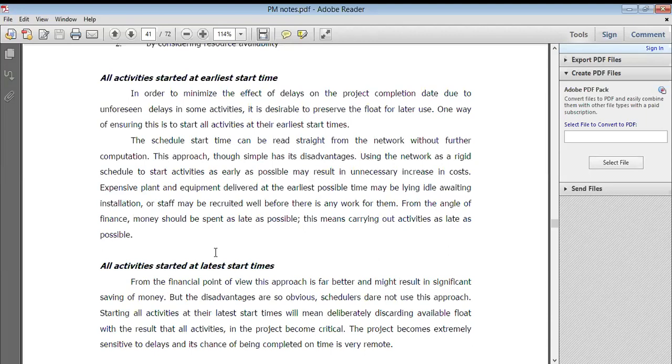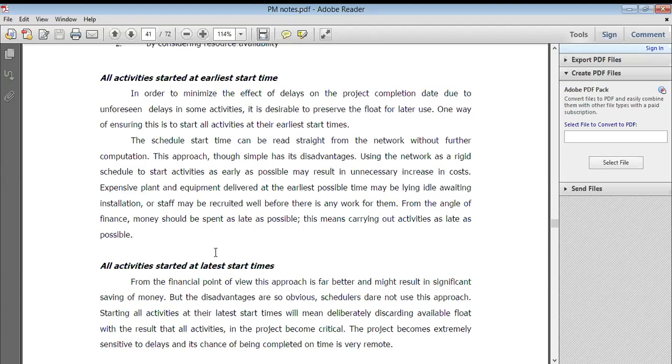So in installation, sorry, so expensive plant and requirement delivered at the earliest possible time may be lying idle awaiting installation. Yes, जब पूरा काम हो जाएगा then installation का time आएगा. So that time you require some idle time, means everything is required for that particular site.